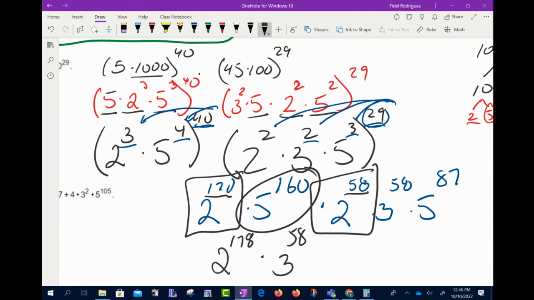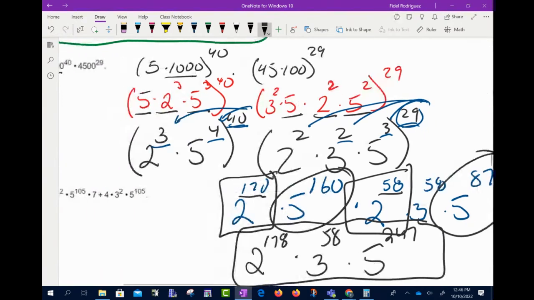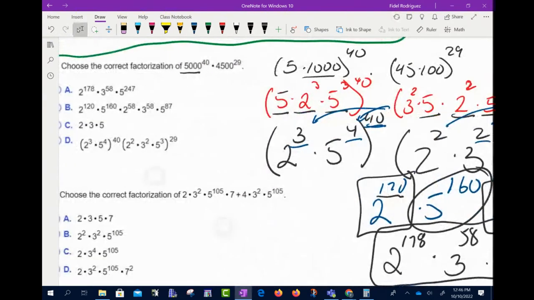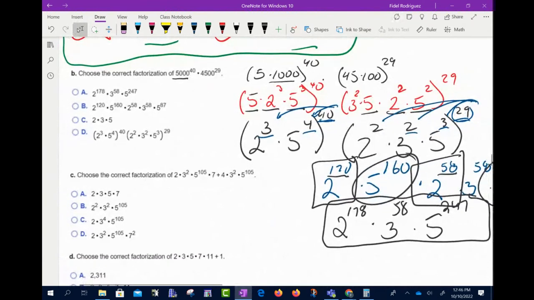And then my 5s, look, y'all, if I got 160 and 87 over there, I'm going to add those numbers together. Is that 247? Okay. And then I'm going to look at this right here, and I want to come back and look at my choices. And is that one of my choices up there? Maybe choice A? There we go. Okay.